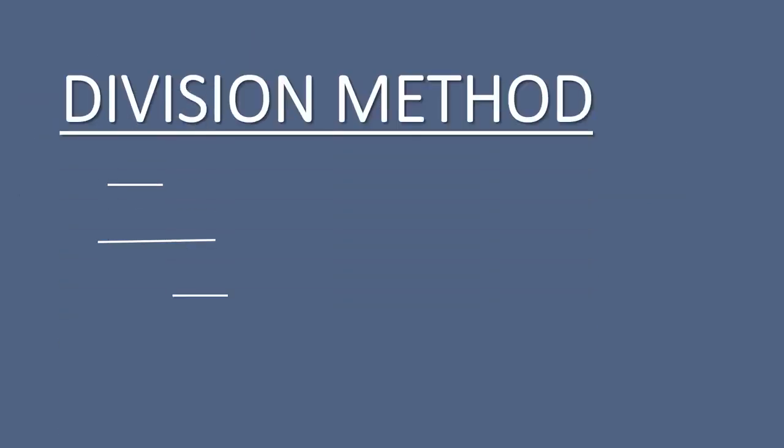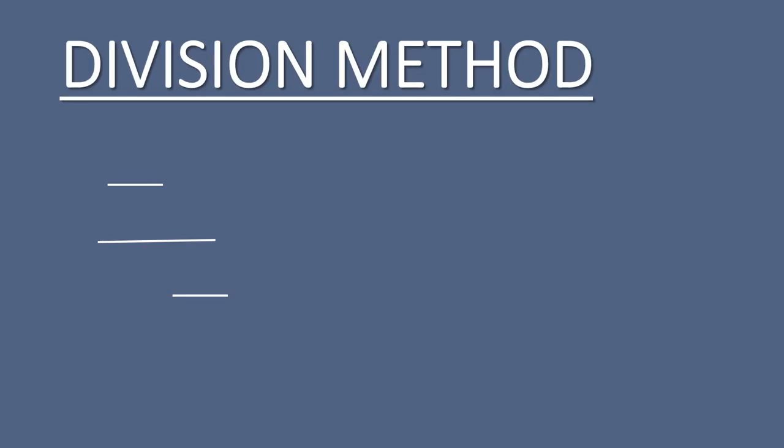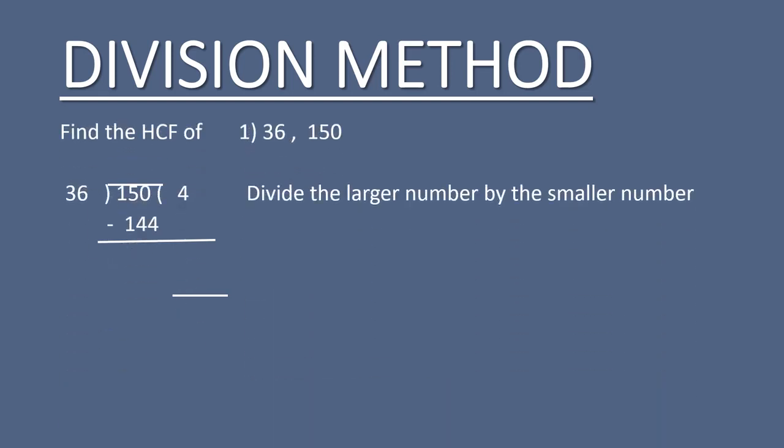Now let us move to the division method. In the division method, how to find out the HCF? In this method, we divide the larger number by the smaller number and get a remainder. We always divide like this. After that, we will divide the first divisor by the remainder, getting a new remainder.